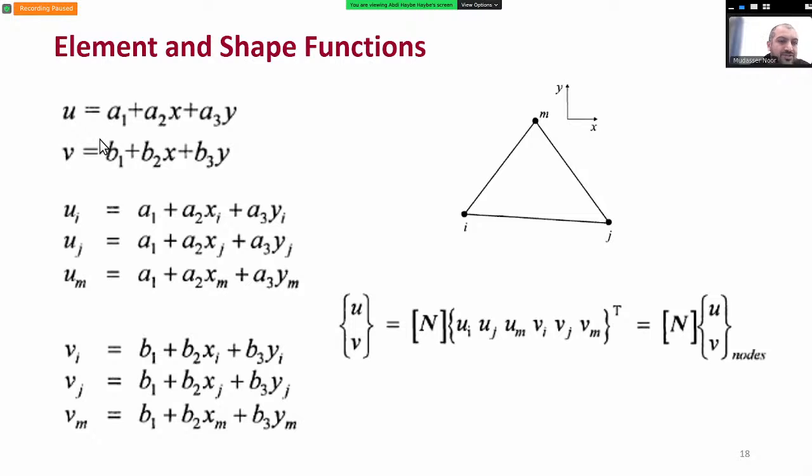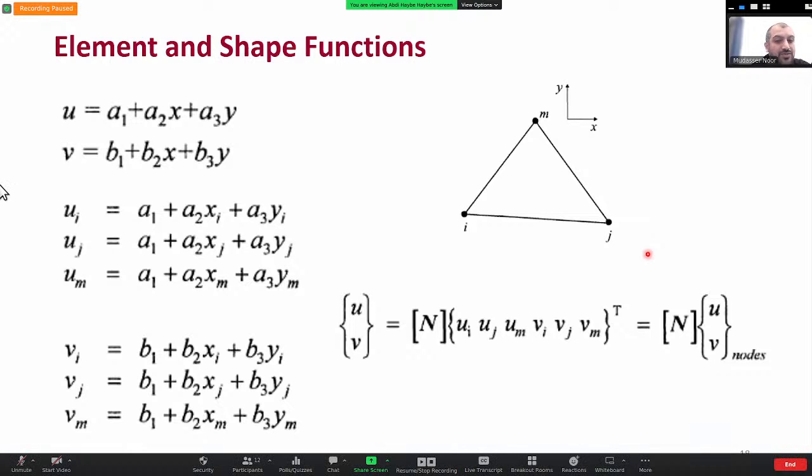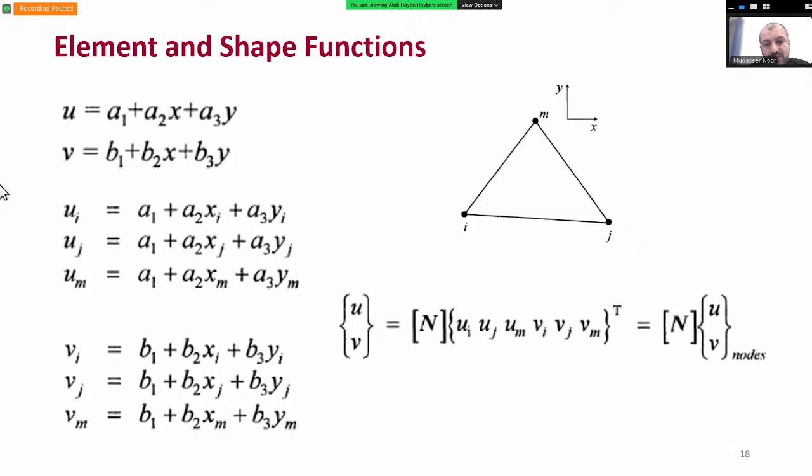You would establish the resultant displacements in the x direction for the i, j, and m nodes, and for the i, j, and m nodes in the y direction. Once you set up the vector and the matrix, you would establish the formulation, where you can see the N matrix, which is known as the shape matrix.